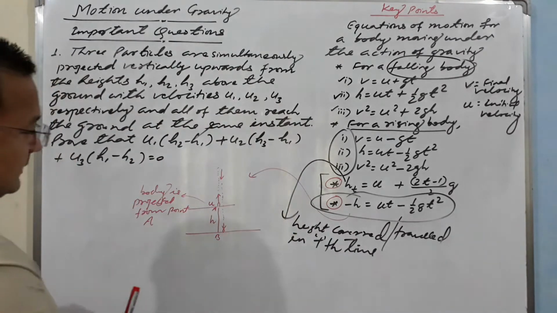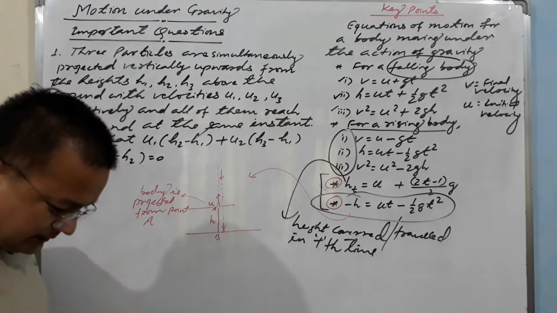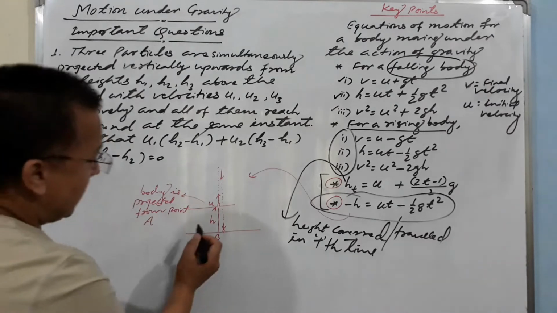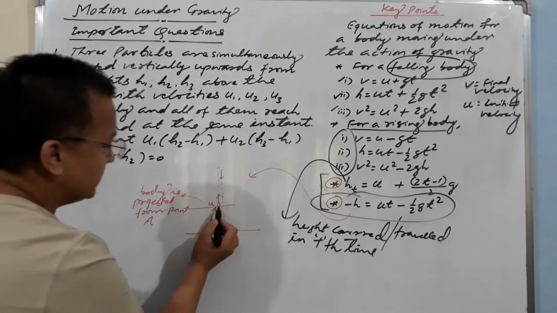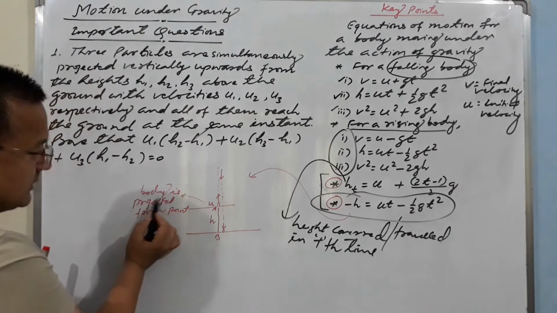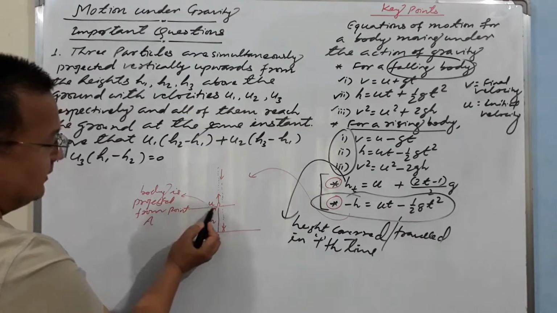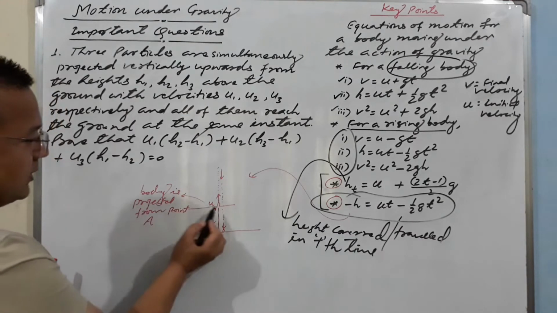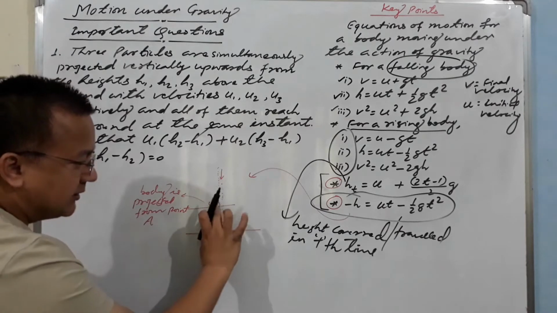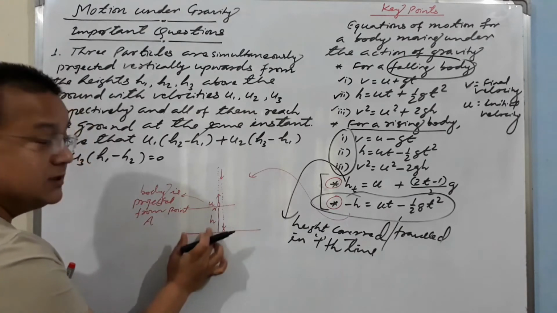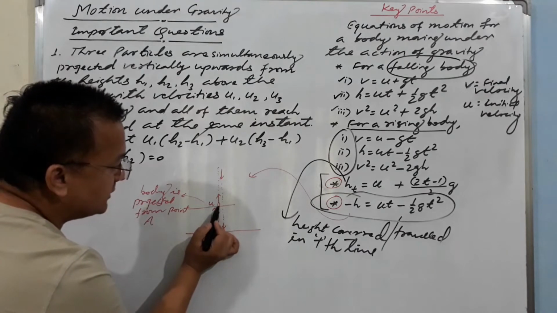So look here, everybody. This is a certain height, here is the projector. The body is here at point A. The body is projected from the point A. The body is already at height h, which means now we are going to project from here.